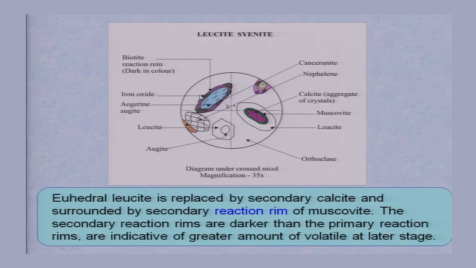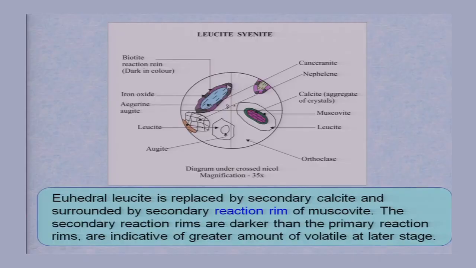When you have a very well developed reaction rim, that means the magma was enriched with volatiles, and these volatiles are held responsible for the formation of reaction rims. These volatiles reacted with the margins of the crystals. As a result, the margins of the crystals have replacement, molecule by molecule, atom by atom replacement. As a result, a reaction rim is formed.